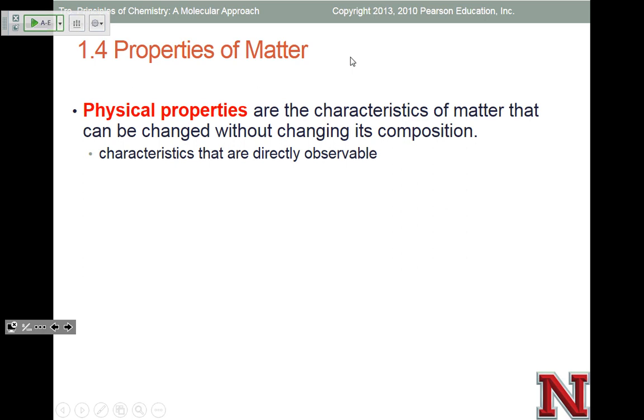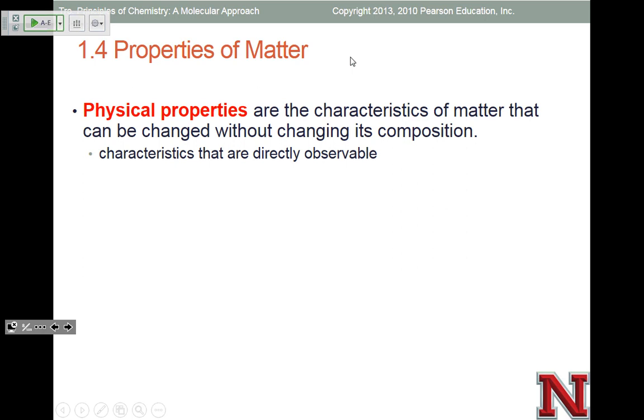So our physical properties are characteristic, and I said this a couple of slides ago, of what we have. And they are directly observable. We can measure the melting point of a compound by using an apparatus and see what temperature it melts at. And in organic chemistry, we'll also often use these melting points to determine if our compound is pure and if it's in agreement with known melting points.